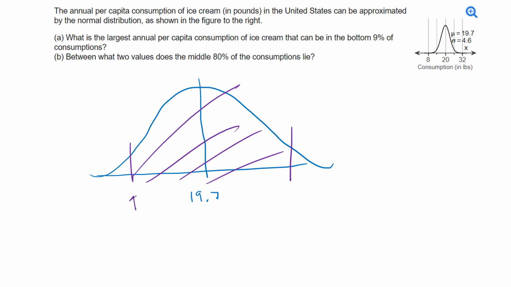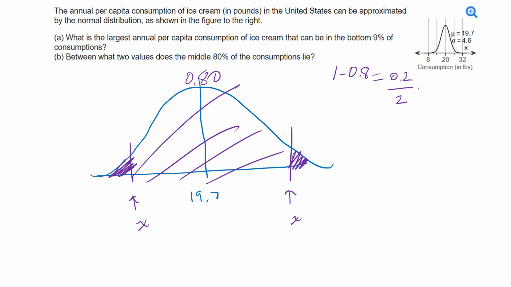So I'm looking for, again, I'm just doing the same thing as I did on the last one. I'm looking for those x values. Well, if this is 80% and I have to cut off half of it, I cut it in half, so 1 minus 0.8, I get 0.2.